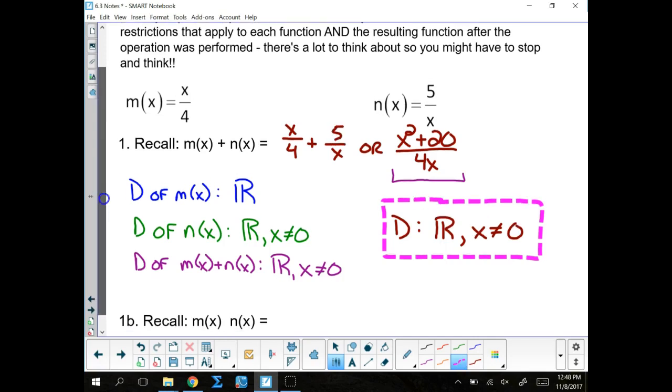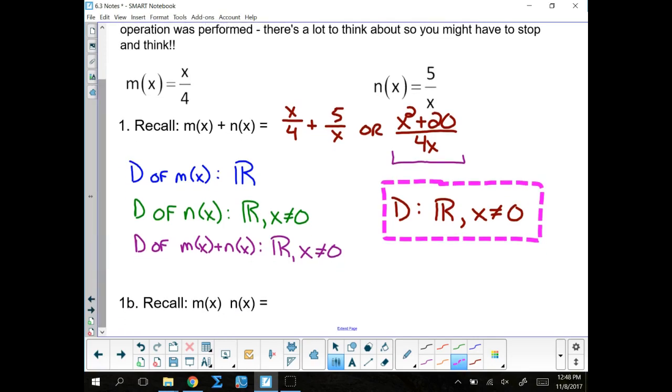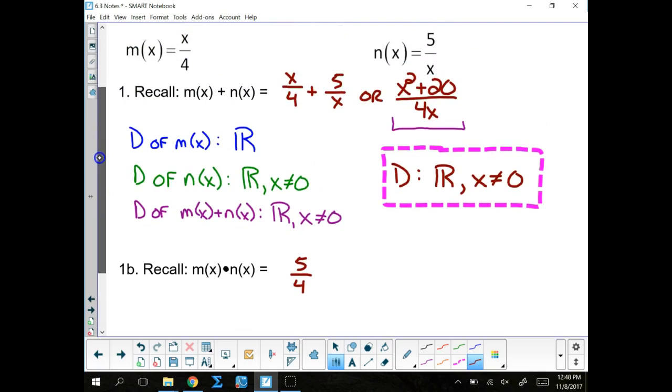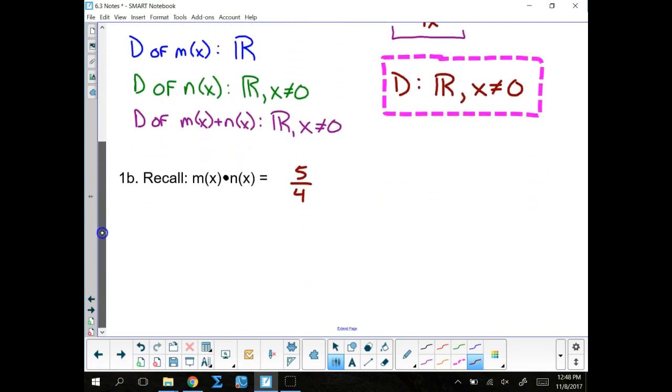I think there's supposed to be a dot down here. Okay. When we did this before, when we did m times n, we got 5/4, I believe, right? All right.